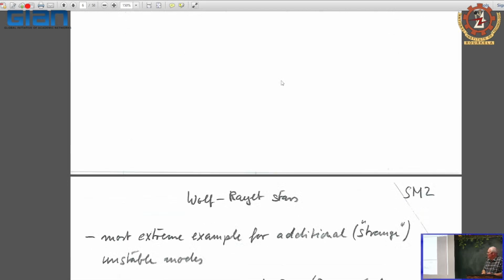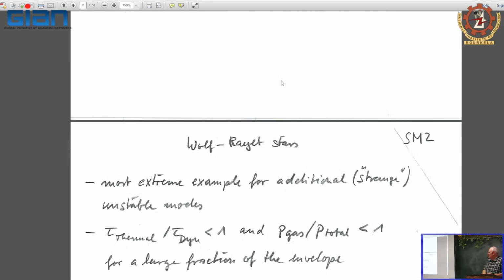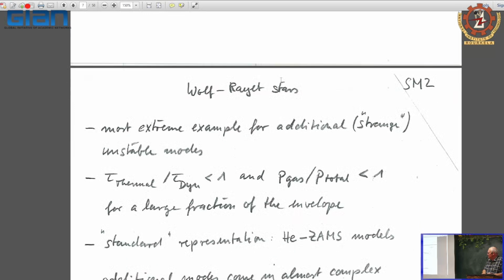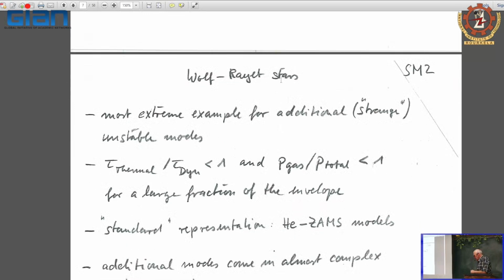Now, once the strange modes in hydrogen-deficient carbon stars had been identified, a short time after that, Wolf-Rayet stars were considered, and they were found to be the most extreme example for these additional or strange modes.